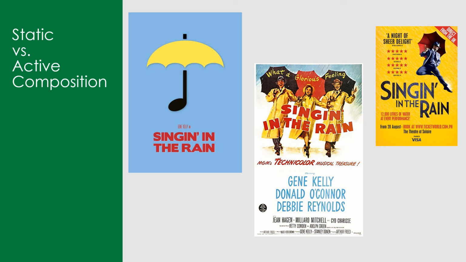The second half of the poster, with Gene Kelly down, is rather static, right? It's just a bunch of text, again, centered on the page, aligned to the bottom, pretty straightforward. There's not a lot of movement to that information. So like half-half.